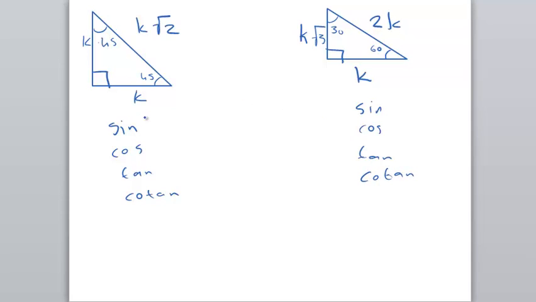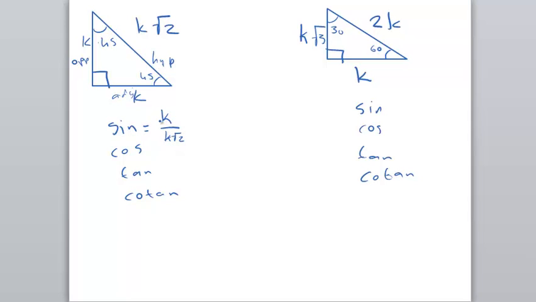Let's start with sine. Sine is equal to, as we know, opposite over hypotenuse. So for sine 45 it will be k over k root 2.